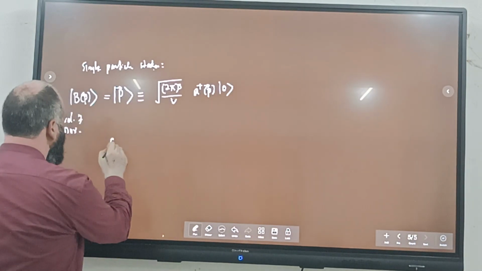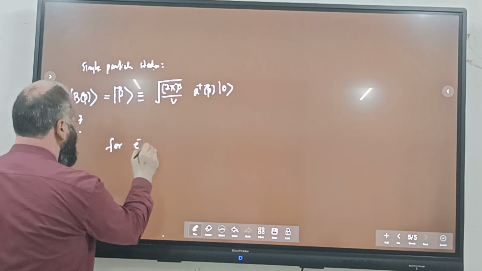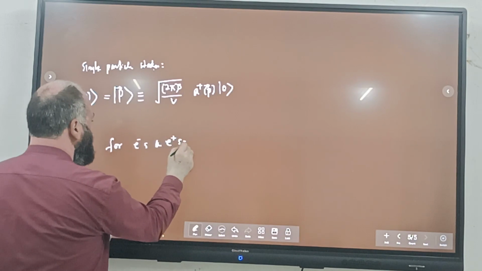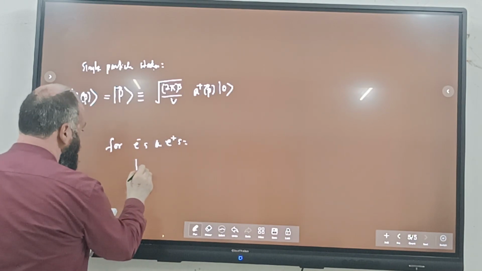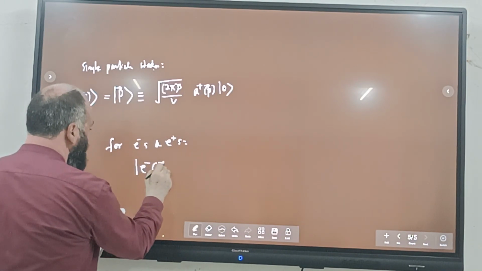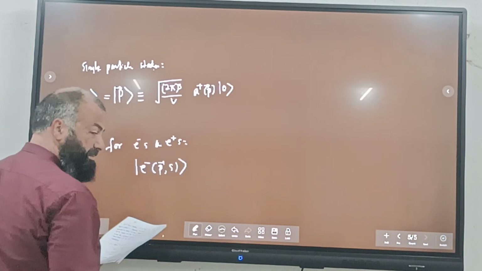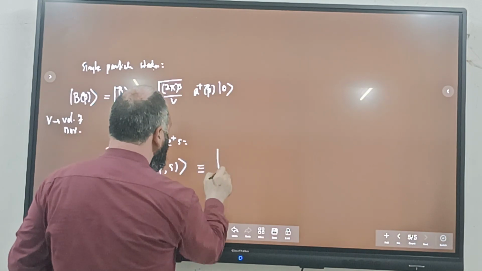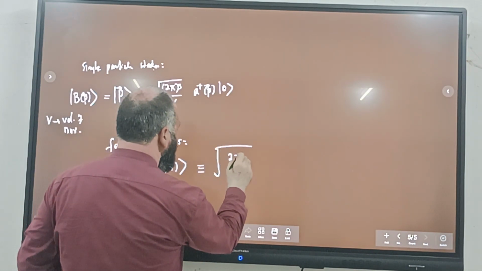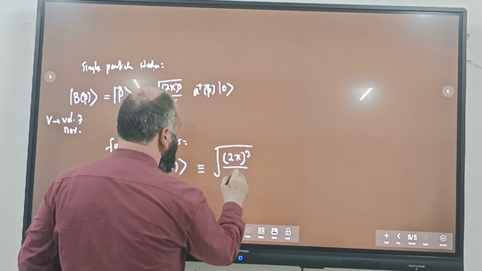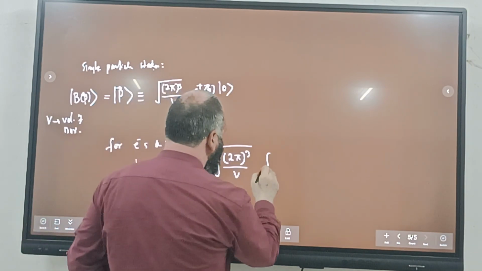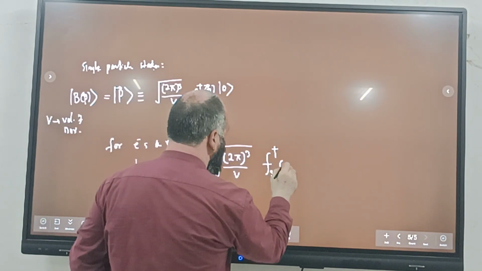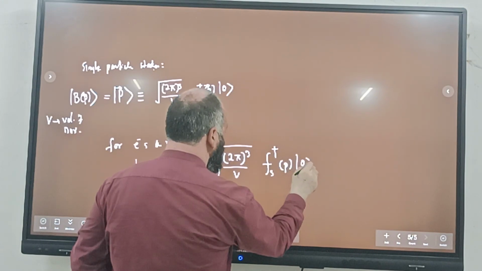We define now this E minus P. S is the spin of the particle. So F dagger is the creation operator for the particle.